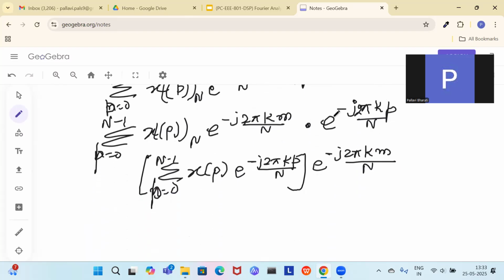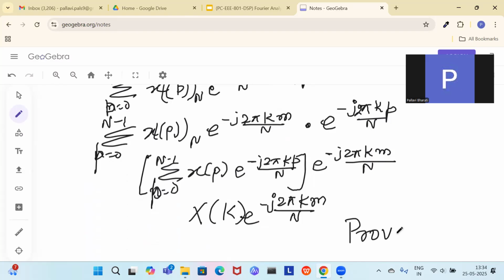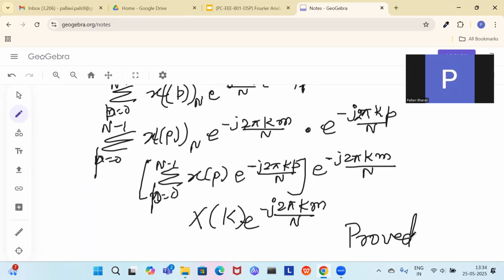That's why we kept it out of the bracket. Now this full thing is basically what? This full thing is the Fourier transform. So that is X[k] and this is e to the power minus j 2 pi k m by N. So this is proved.